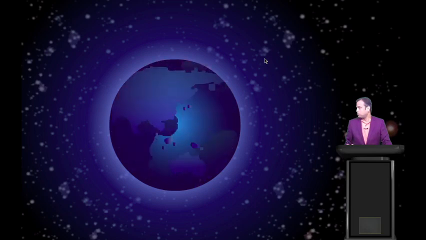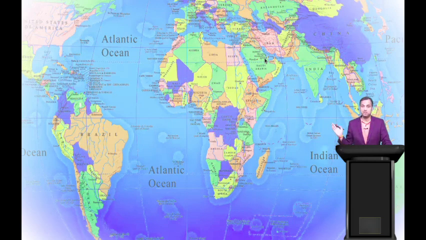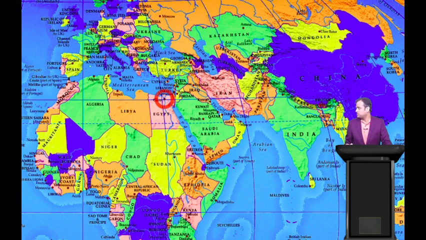So I think you all know about this one. It's our lovely Earth, and this is a map of all the countries. And if you look at this circle, it shows a specific country. This country's name is Egypt.